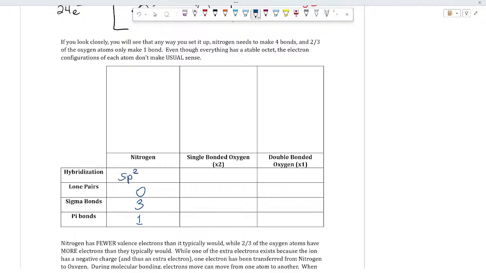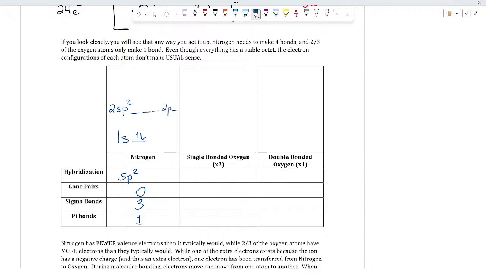Can't be sp3 because sp3 would be if it was making no pi bonds. But since it's making 1 pi bond, it's sp2. If we did its electron configuration, we'd say it's 1s, and then 2sp2. How many actual orbitals does that give us? 3. 1, 2, 3.